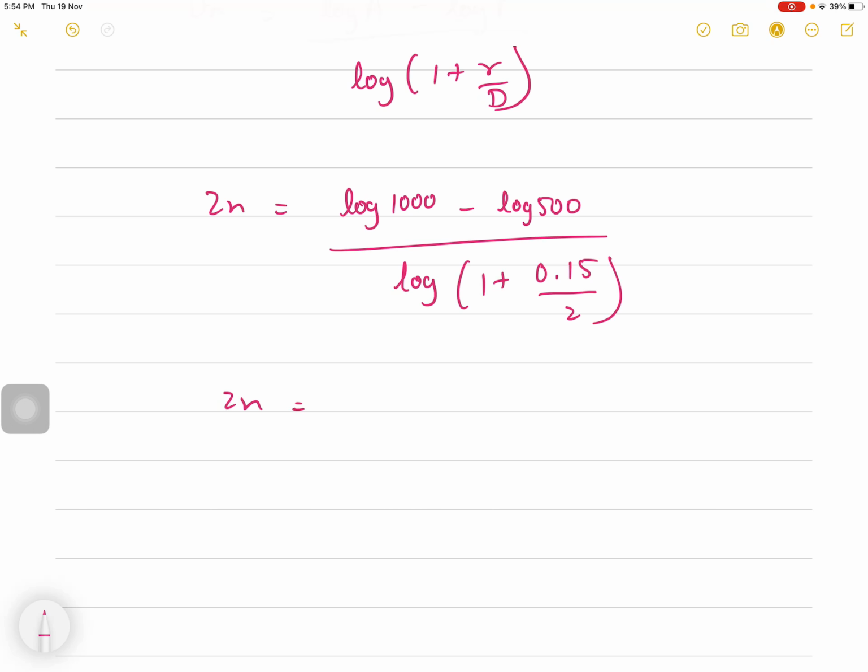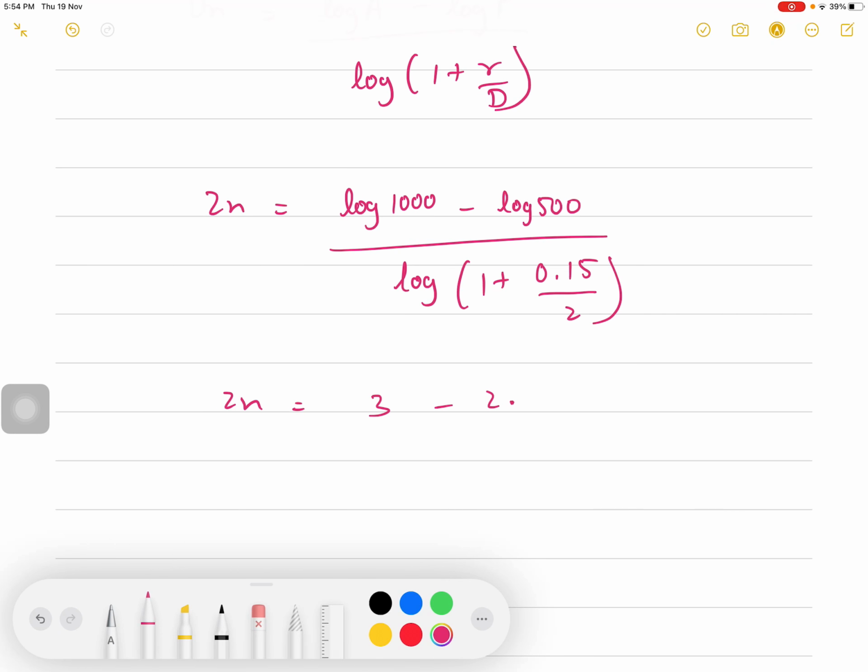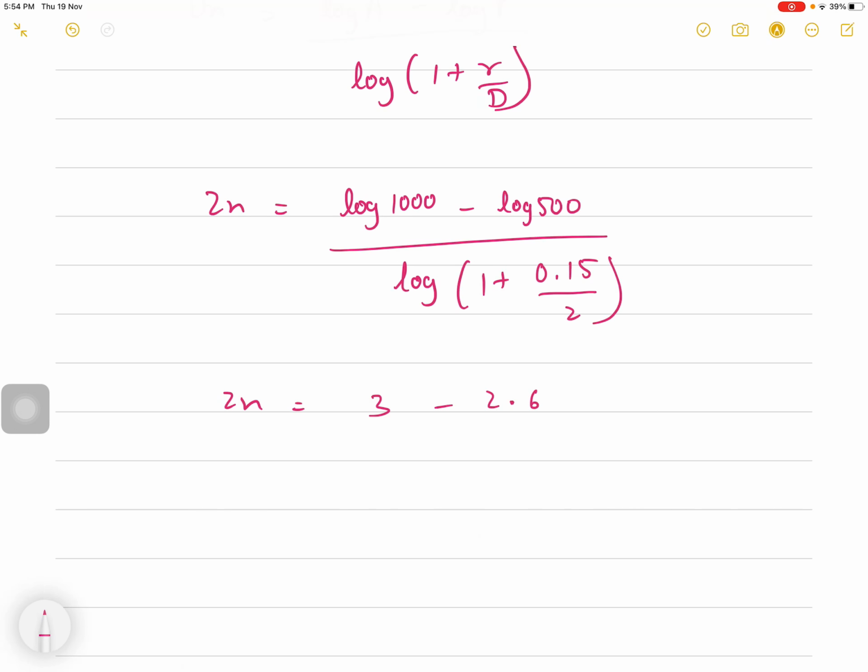So 2n is equal to log 1000 is 3 and minus log 500 is 2.6990, divided by log 1.075.